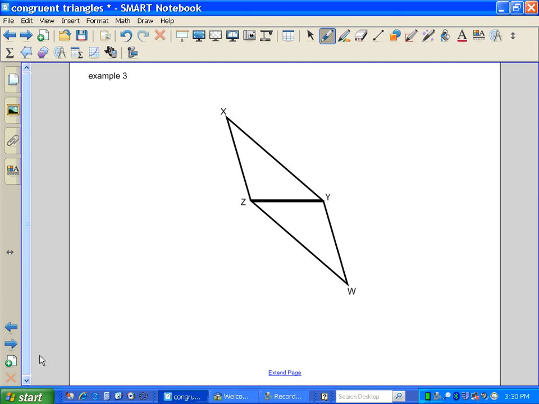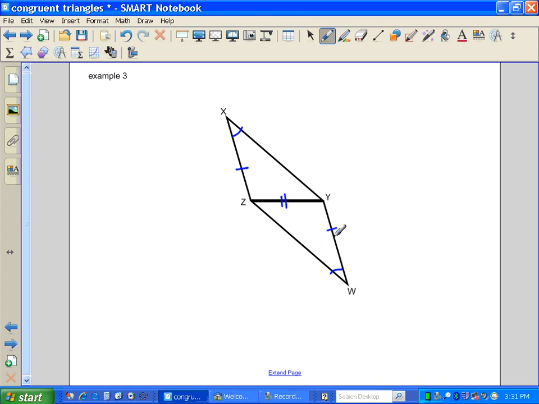In our last example, the information that we're given is that this angle is congruent to this angle, that this line is congruent to this line, and we can see right away, sort of like in our first example, that this shared line is going to be congruent to itself.